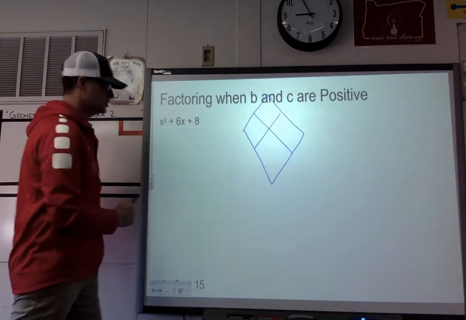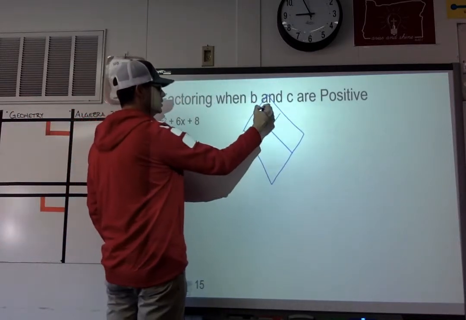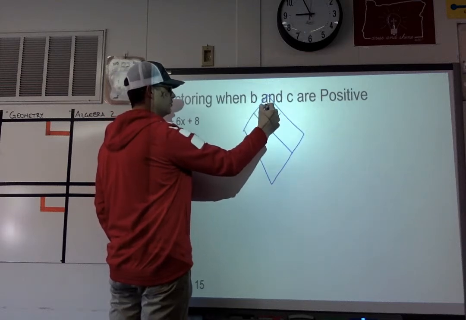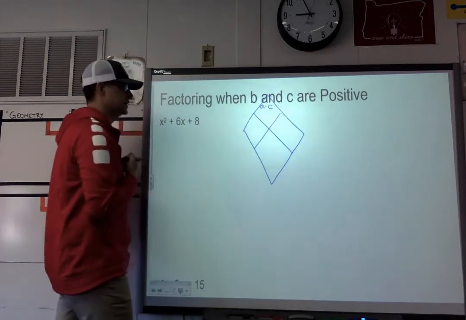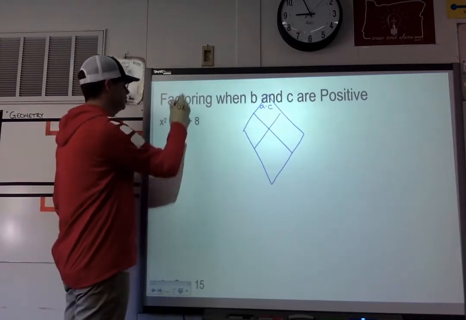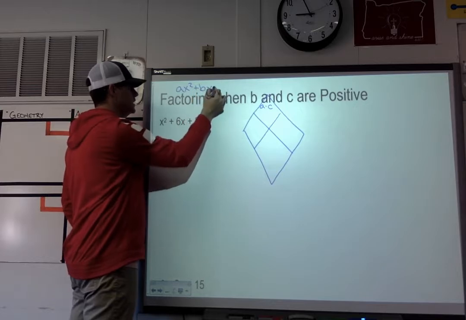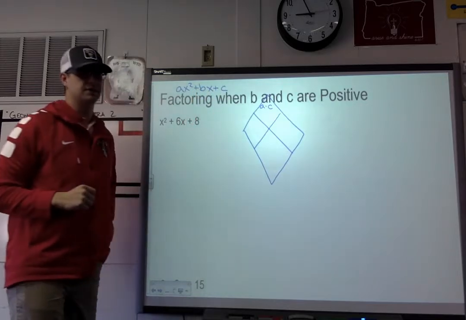So when we do our diamond method, in the top of the diamond, you want to put whatever a times c is. Now remember, our standard form of a trinomial is ax squared plus bx plus c.